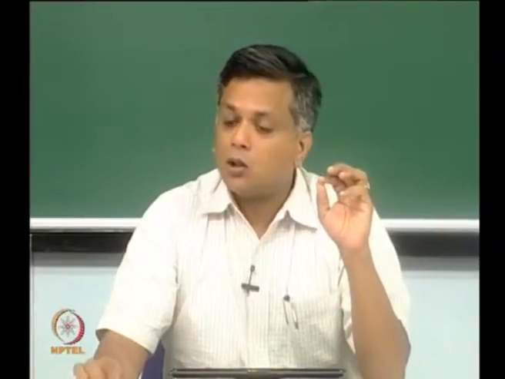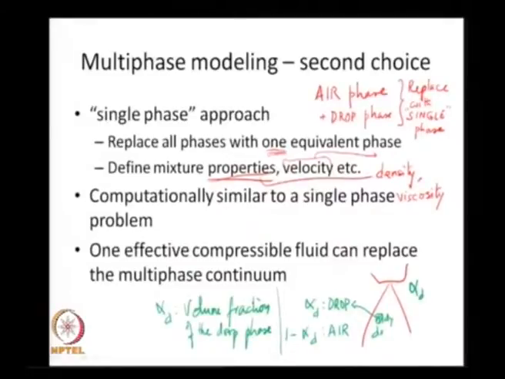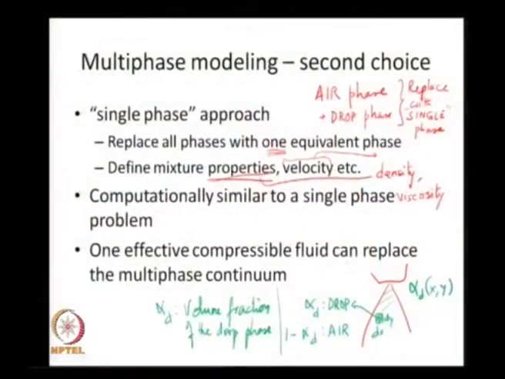This volume fraction now becomes our defining variable in terms of telling us how much of each of the phases is in any given spatial location. If I know alpha d as a function of, let us say, x and y, we will leave time out for a moment, it really does not make any difference. If I look at this entire spray, alpha d takes on a different value between 0 and 1 at different points in the spray.